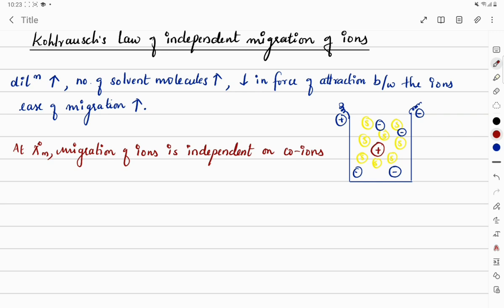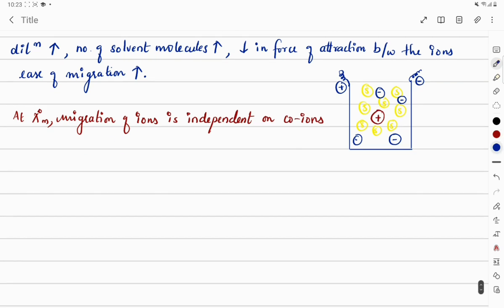So if their migrations are independent of one another, I can write the molar conductivity of anion and molar conductivity of cation separately, right? Suppose I have an electrolyte, say AB, which is dissociating into A plus and B minus.